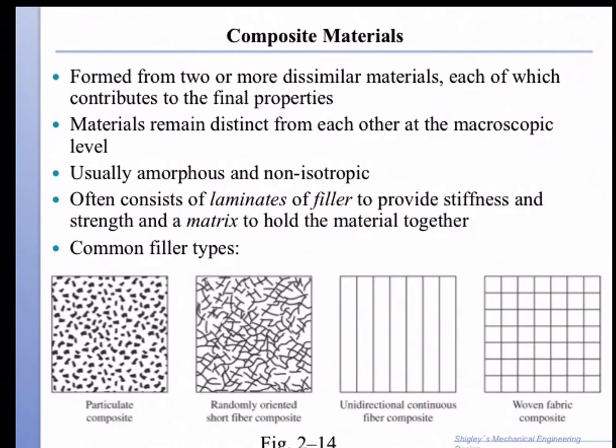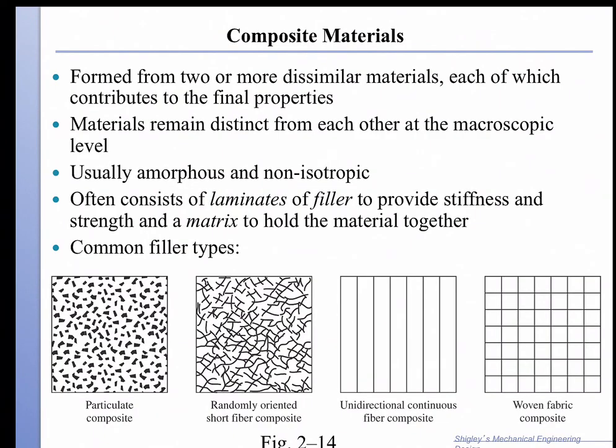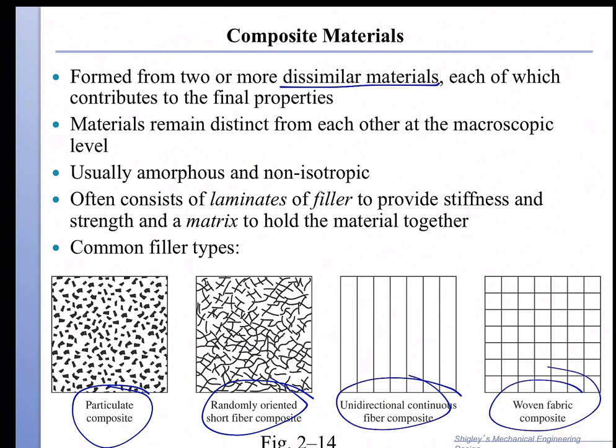And as I mentioned, for composite materials, you use a combination of two or more dissimilar materials, and you can make them into particulate composite, randomly oriented short fiber composite, unidirectional composite, woven fabric composite, and all of these forms are usually in the form of laminates, of filler, to provide the stiffness, and is surrounded by a matrix.